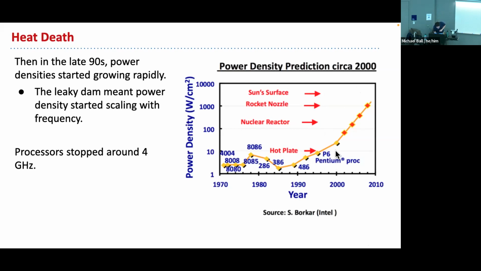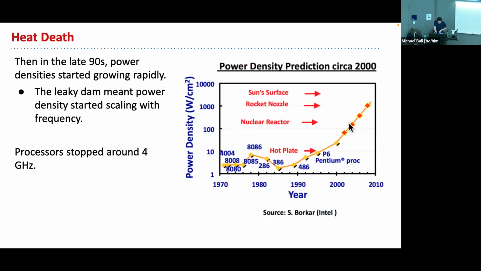But in, let's say, the year 2000 or so, the Pentium 6 processor was now a very old and slow processor, but it had about the heat density of a hot plate, which produces something like 1,000 watts of electricity to warm an entire thing of food and cook it.